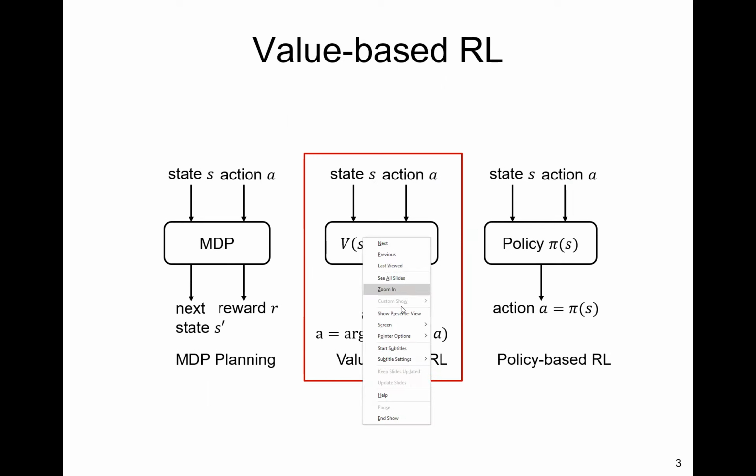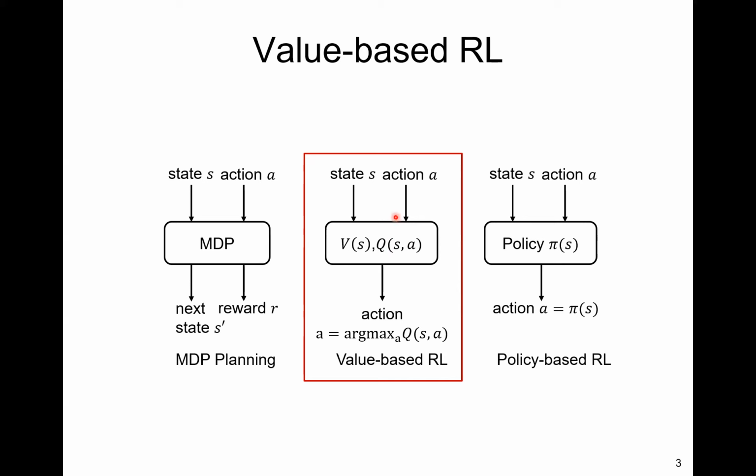We have been discussing MDP planning in the previous chapter. With a known MDP, that is, the transition from a state-action to the next state and reward is known, you can do planning with value iteration or policy iteration. But now we don't have the MDP.